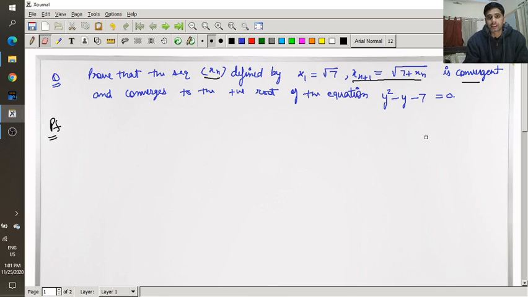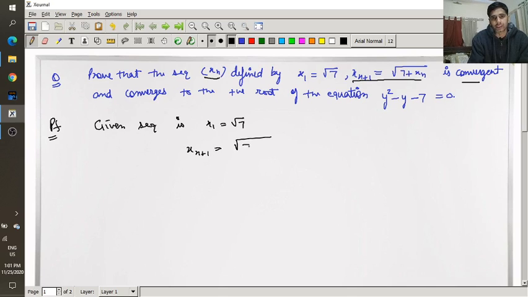So let us take the given sequence: x1 equals root 7 and xn plus 1 equals root of 7 plus xn, right? So we shall prove, by our intuition, that this is an increasing sequence.